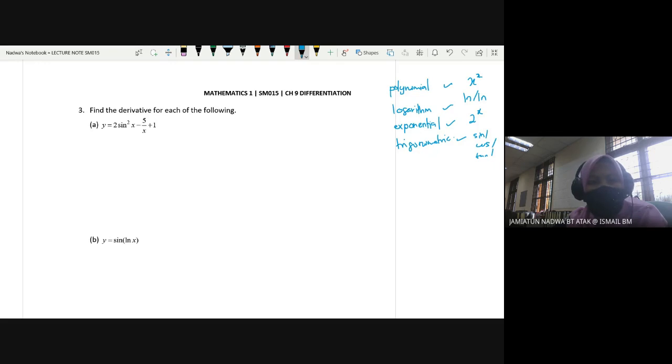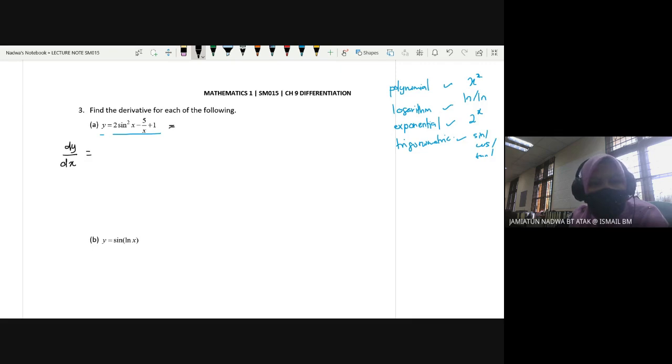So bila kita ada y in terms of x, ingat hasil differentiation dia mestilah dy over dx. Okay, so kita akan differentiate satu-satulah dekat dalam ni. Okay, differentiate 2 sin squared x. Okay, yang ni ramai orang selalu salah. Okay, dia sebenarnya adalah sin x kuasa 2.